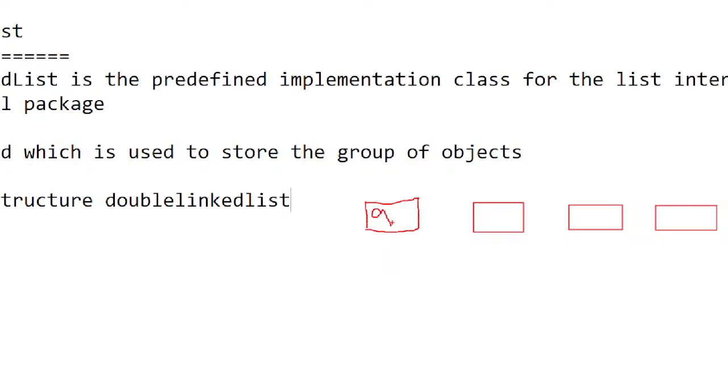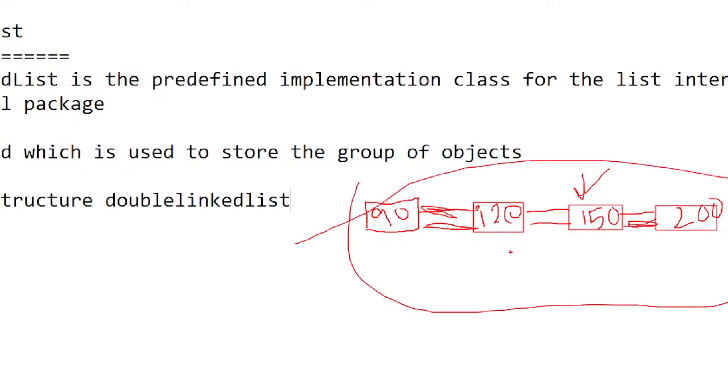For example, if you store the first value here, the second value here, and the third value here, they are stored with links. Two links will be there between the nodes. This is called a doubly linked list. So the values will be stored in a doubly linked list.